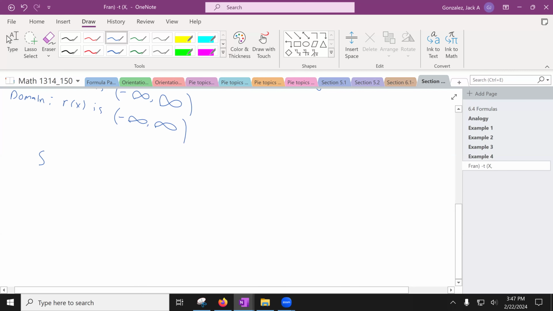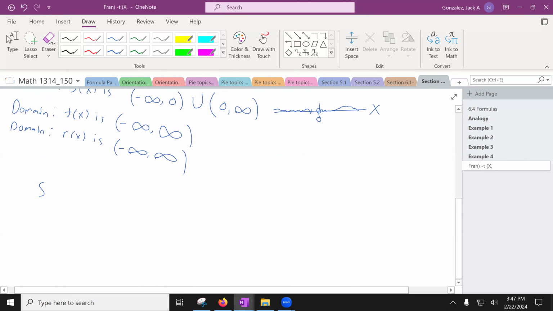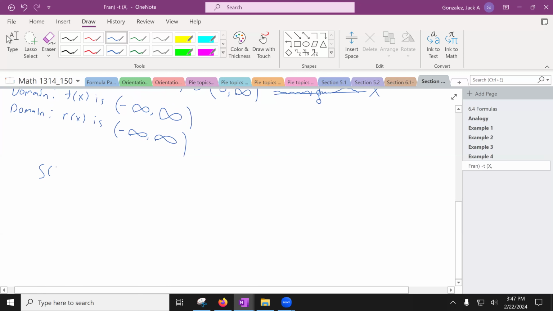So we said for S, it was everything, right? S of T domain. Visually, we said this, and everything over here, and over there.